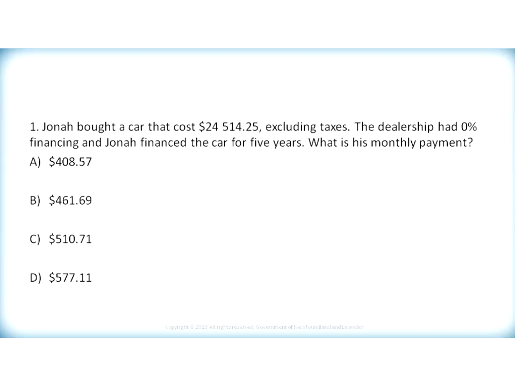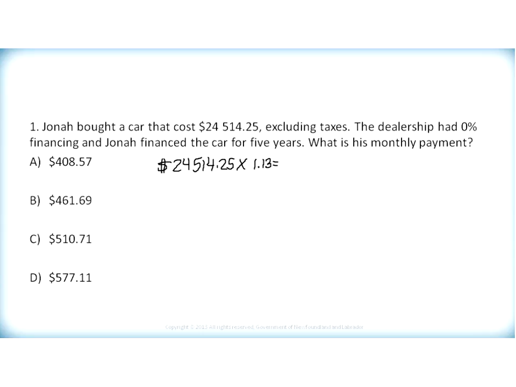Okay, so what we're going to need to do is first off find out how much Jonah is going to pay for the car in total, including taxes, because taxes will be charged on this price. So we're going to take the amount, $24,514.25, and we're going to multiply it by 113%, which as a decimal is 1.13.